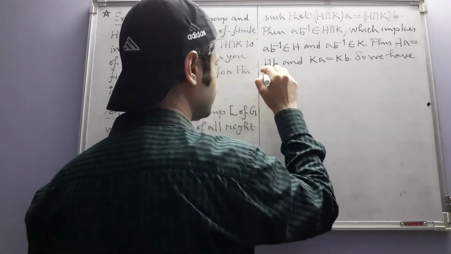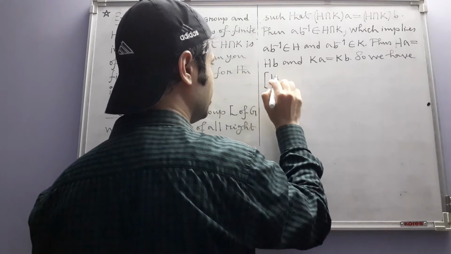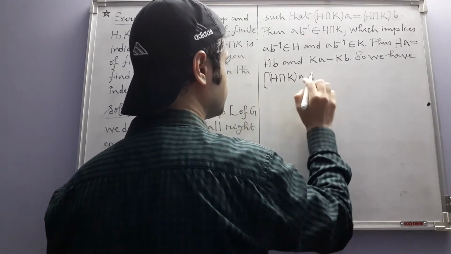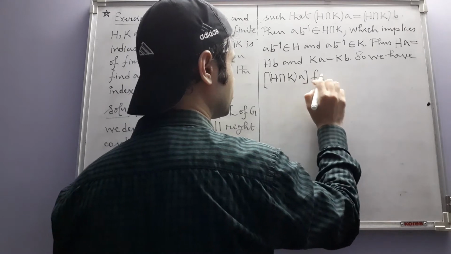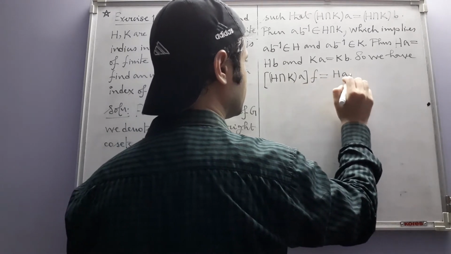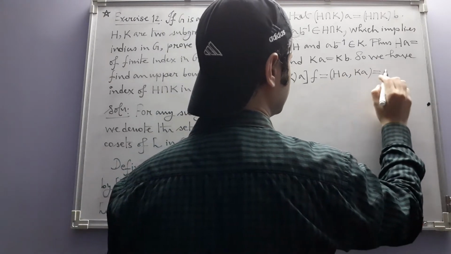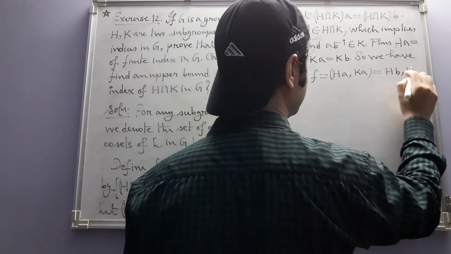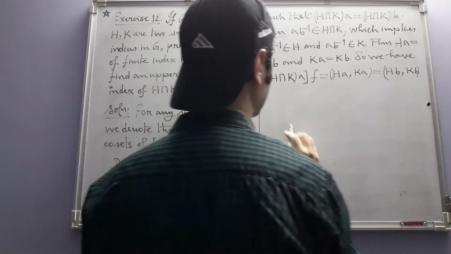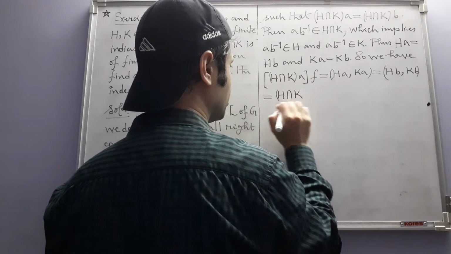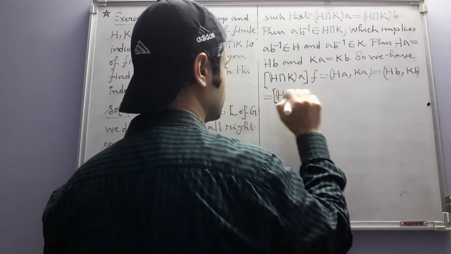So we have the F image of this right coset, which is HA, KA, equal to HB, KB, which is nothing but the F image of this right coset.